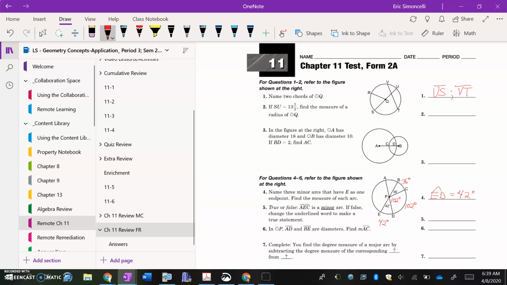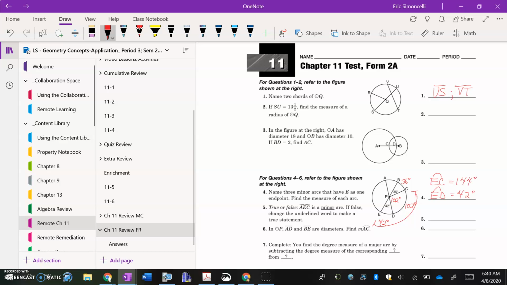And we can do some quick analysis: if we wanted to find arc EC, we could do that by adding 42 and 102. I'm going to leave out D because we usually don't use 3 letters with minor arcs, so EC is enough. So 142, because 42 plus 102. Correction, 144. All right, easy enough.